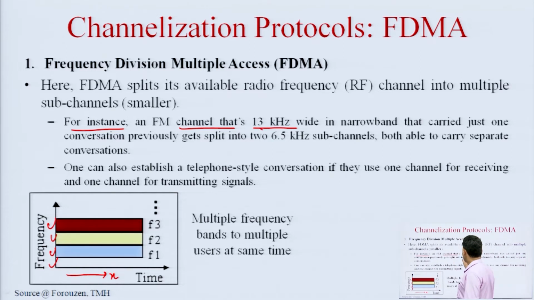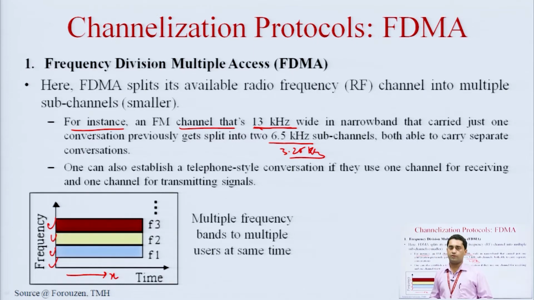This is 13 kilohertz, so if we divide it into 2 bands, it will be 6.5 kilohertz each. Similarly, if I divide it into 4 parts, then it will be 3.25 kilohertz each. Okay? So, this is how the frequency bands, the frequency channels, are divided based on the users.